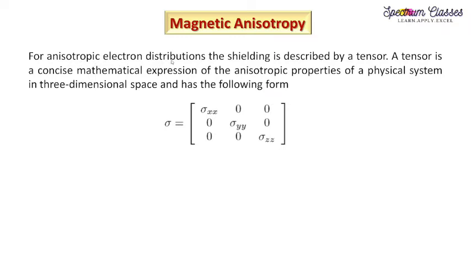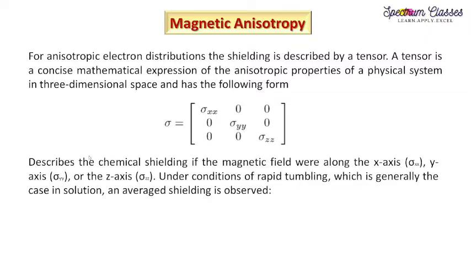Anisotropic electron distribution means the electron distribution is different in different directions. The shielding is described by a tensor. A tensor is a concise mathematical expression of the anisotropic property of a physical system in three-dimensional space and has the following form. It describes the chemical shielding if the magnetic field were along the x-axis, y or z-axis.